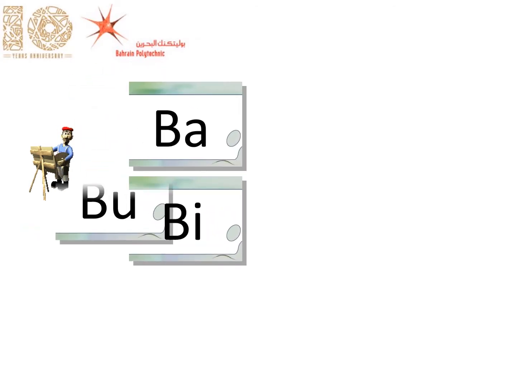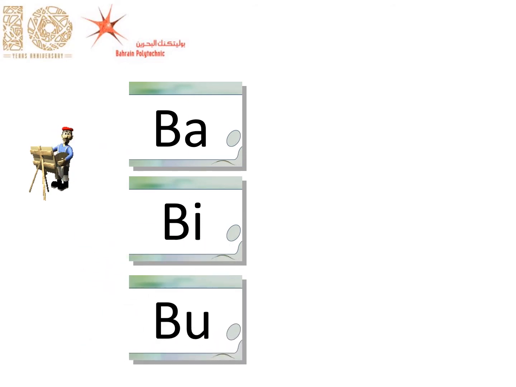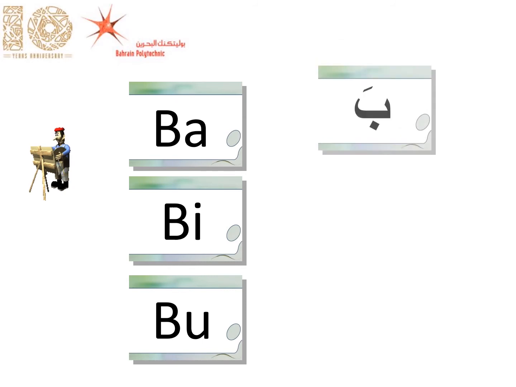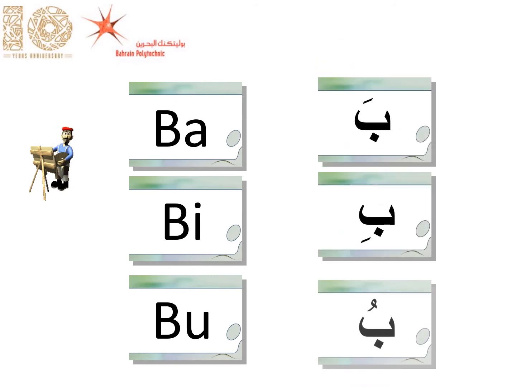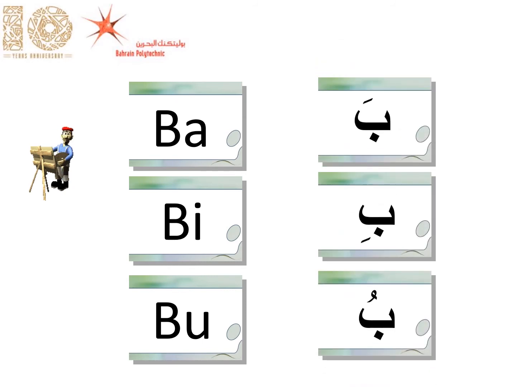Another difference that I would like to shed light on is the vowels, and this will have its impact on the pronunciation and on the spelling as well. In Arabic, we have long and short vowels. However, in English, there are many more vowels.